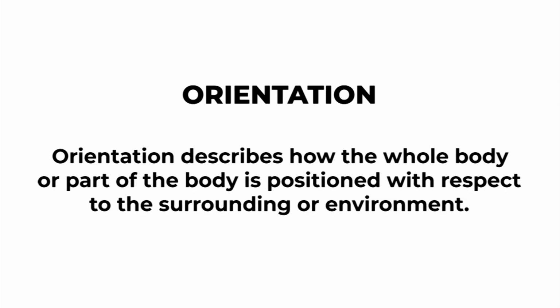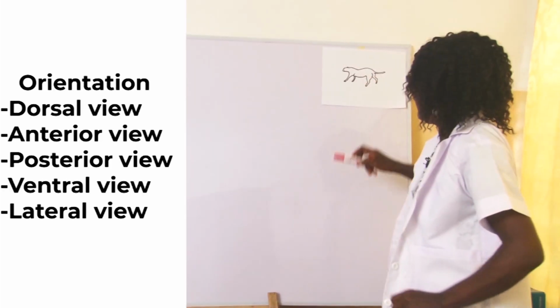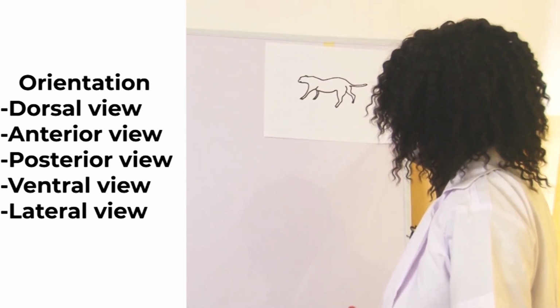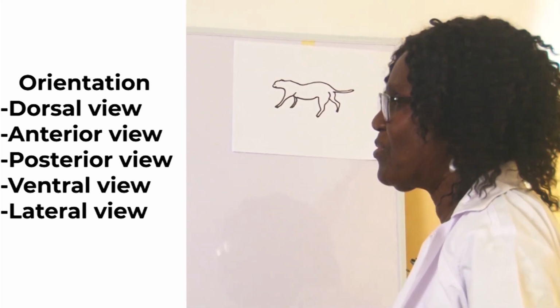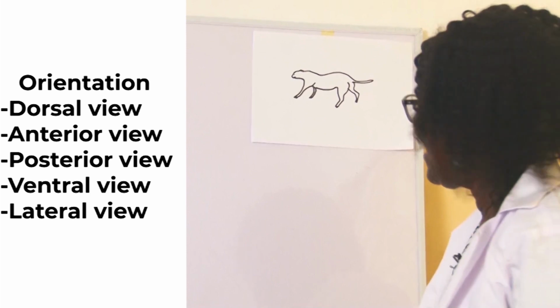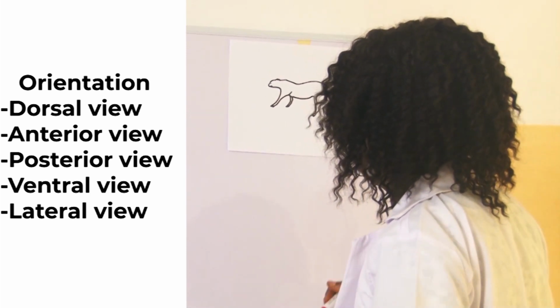Orientation describes how the body or part of the body is positioned with respect to the surrounding environment. Orientation looks at its positioning with respect to the environment.